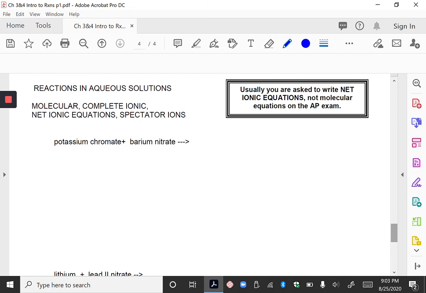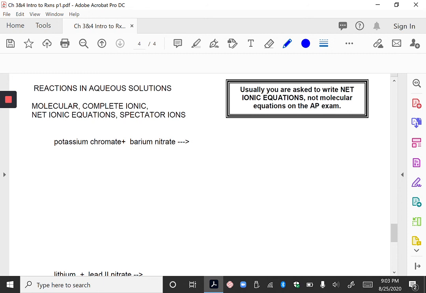Just so you know, a lot of times on the AP exam, they will specifically ask you for the net ionic equation. So you want to make sure that you practice how to write the net ionic equation. If it specifically tells you for the net ionic and you write a molecular, they will not give you the points for that. So be careful with the wording of the question, which one they're asking for.